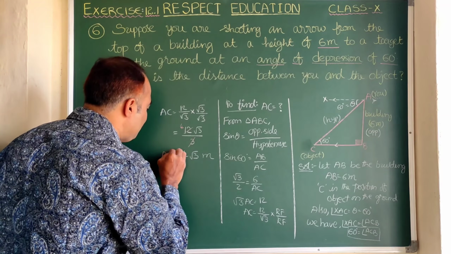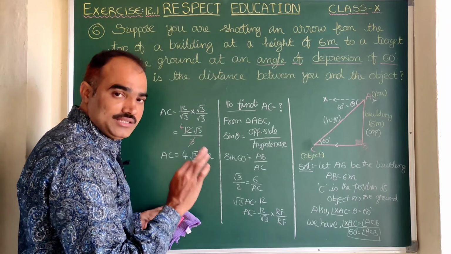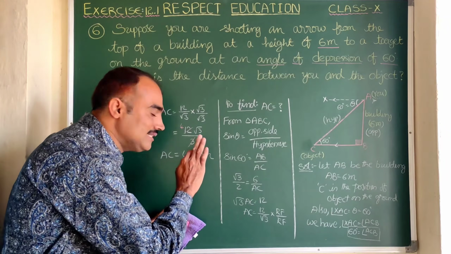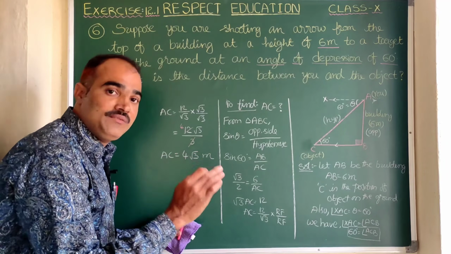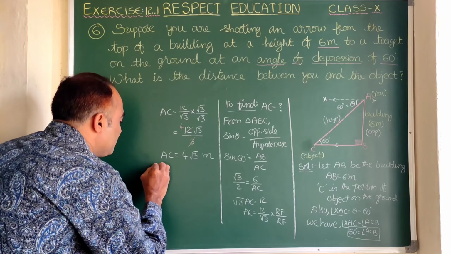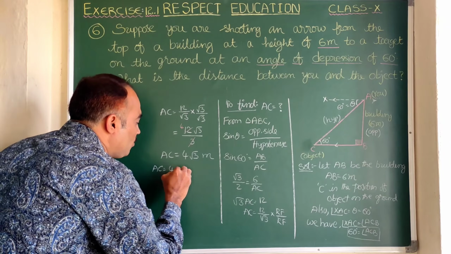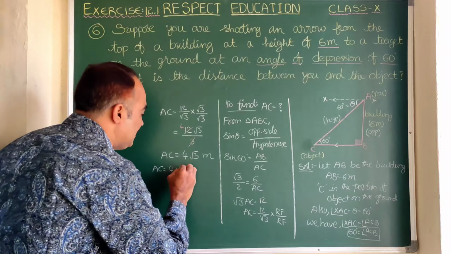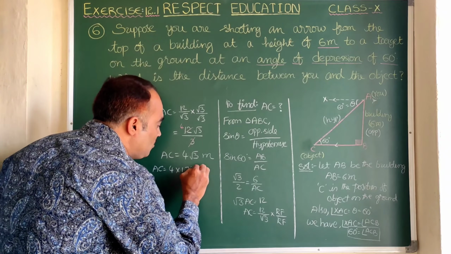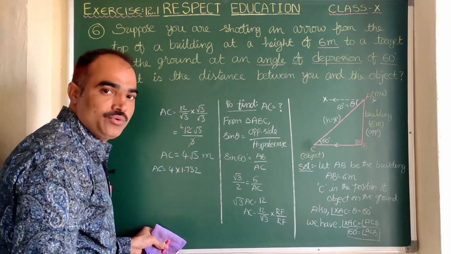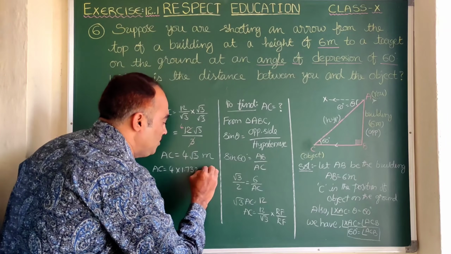So AC is 4 root 3 meters. Actually in the textbook 4 root 3 meters is given as the answer, but still if you want you can simplify this. So AC equal to 4 into root 3, whose value is a constant, that is 1.732. We need to remember the value of root 3, 1.732 meters.